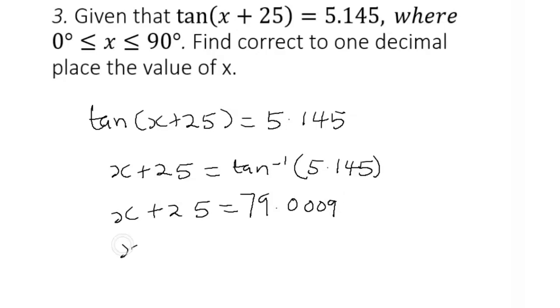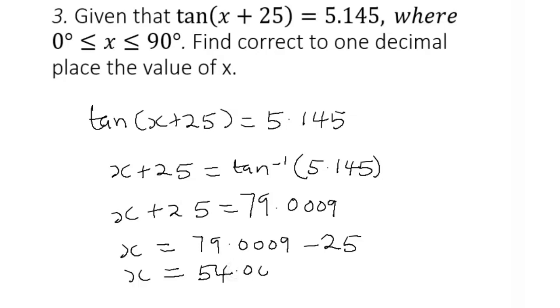79.0009. Now x will be equal to 79.0009 minus 25. So we are going to get 54.009.